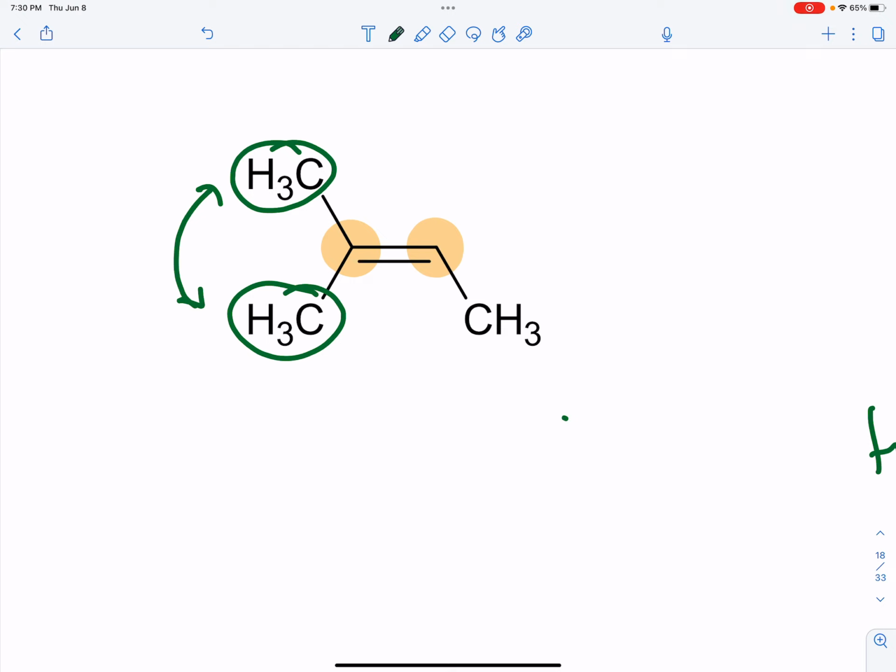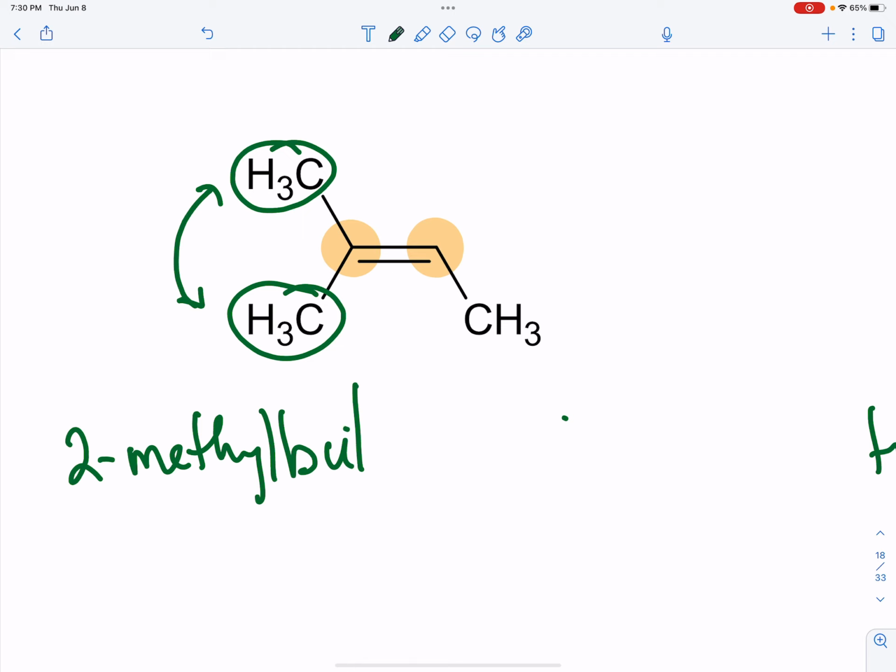Its name, you can pause the video and come up with it. It's going to be 2-methylbut-2-ene. We don't put a cis or trans prefix because it doesn't exist here. So I hope that helps with cis and trans isomerism in alkenes.